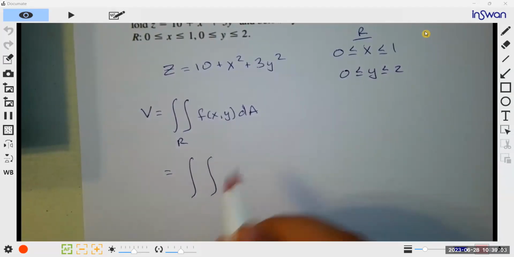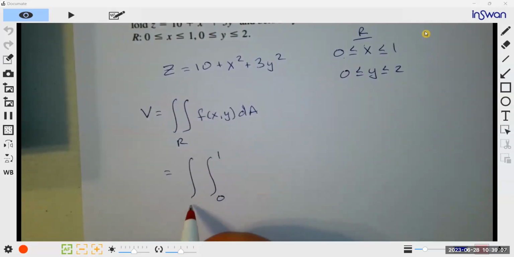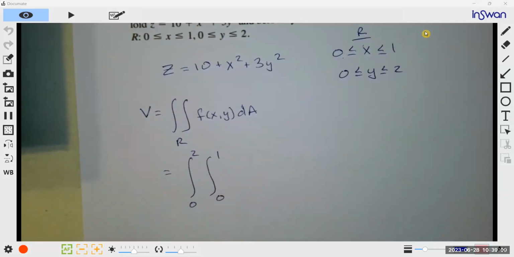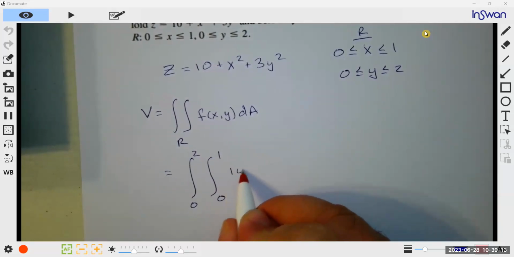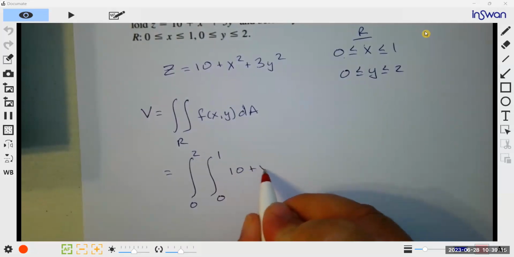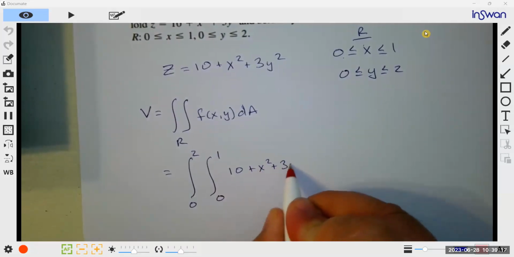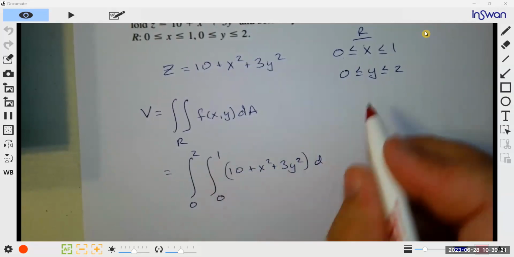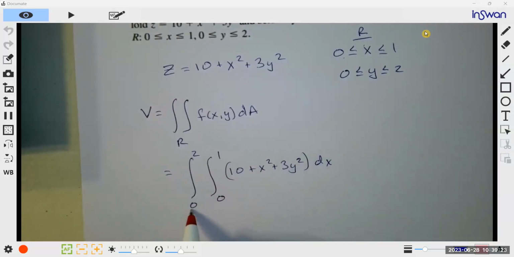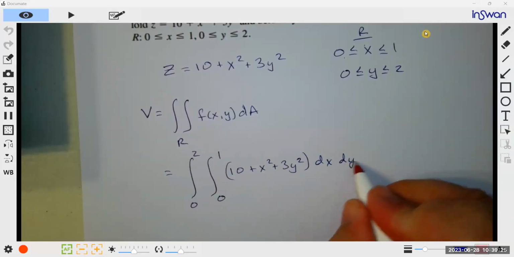All right, so let's do x first this time. Our function is 10 plus x squared plus 3y squared. Since I'm going 0 to 1, that's dx. Outer one is dy.